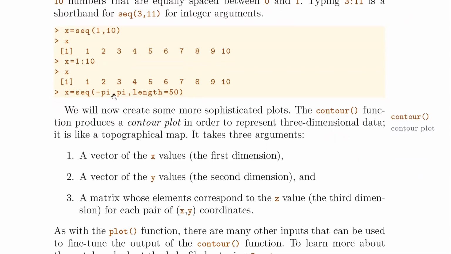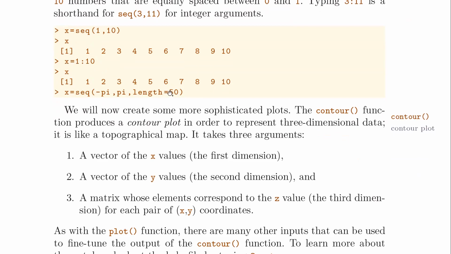So look, we could create this one. These two are relatively straightforward, I would imagine. But this is going to create a vector with 50 entries from -pi to pi, all evenly spaced.